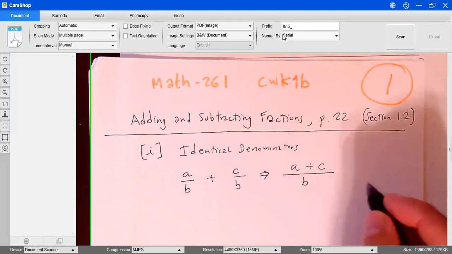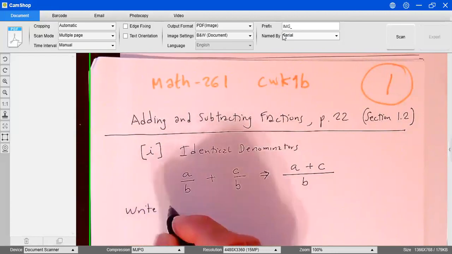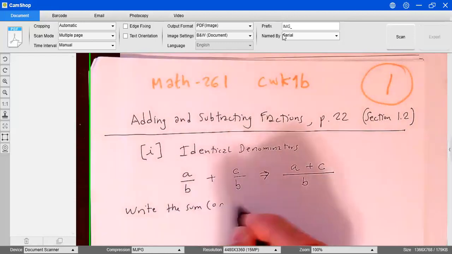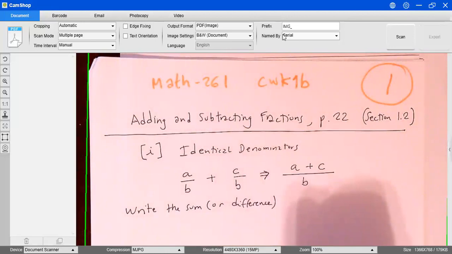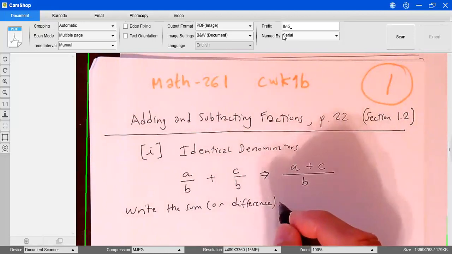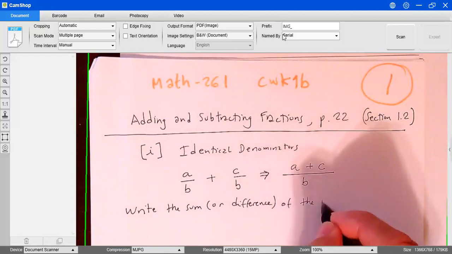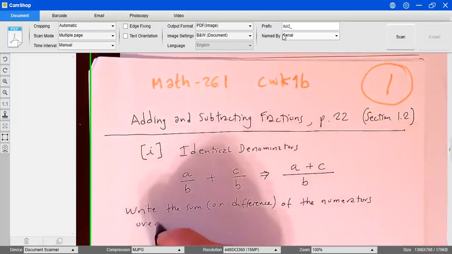So what you need to do then is write the sum or difference, because we're going to see that it's the same thing when you are working with the difference of two fractions. You're going to write the sum or difference of the numerators over the common denominator.